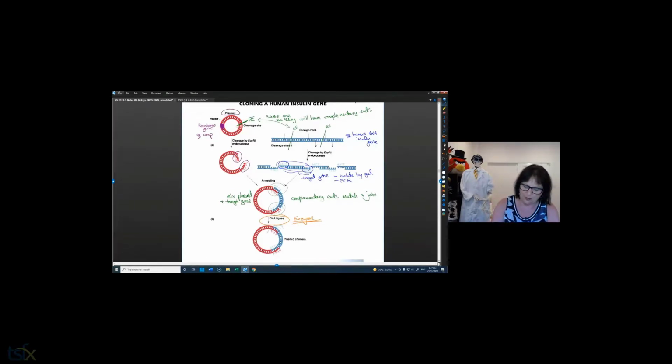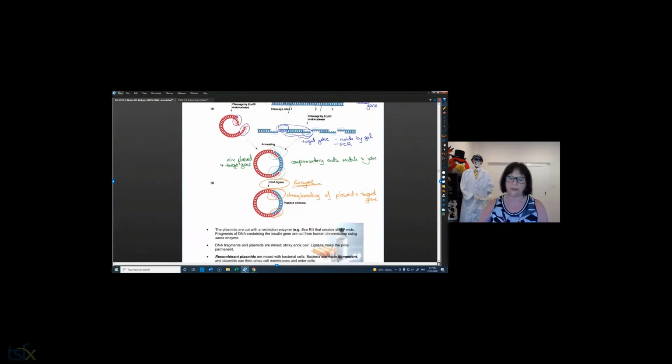So what we now have are very strong bonding of the plasmid and the target gene. So we're going to have these really strong bonds so that when the plasmid gets into the bacteria, it won't break apart. It will be nice and complete.